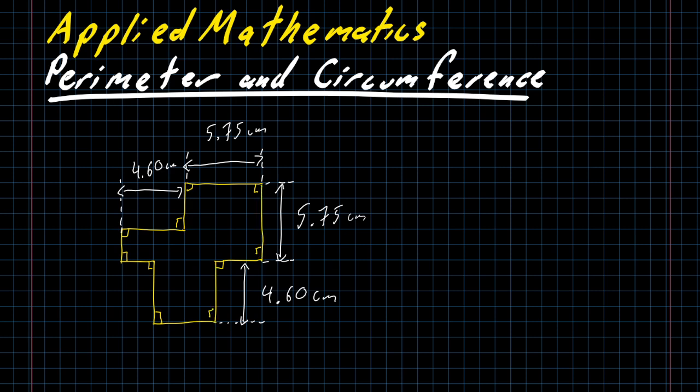So if we take the 5.75 centimeters plus 4.60 centimeters that make up the right side of this in two pieces, and we double it, that will give us the length of the left side, even though we don't know those three pieces.